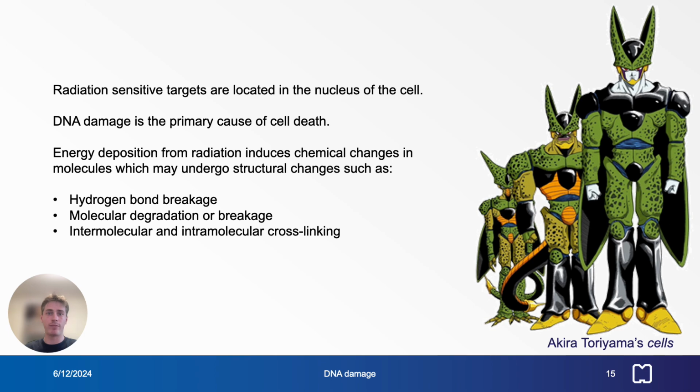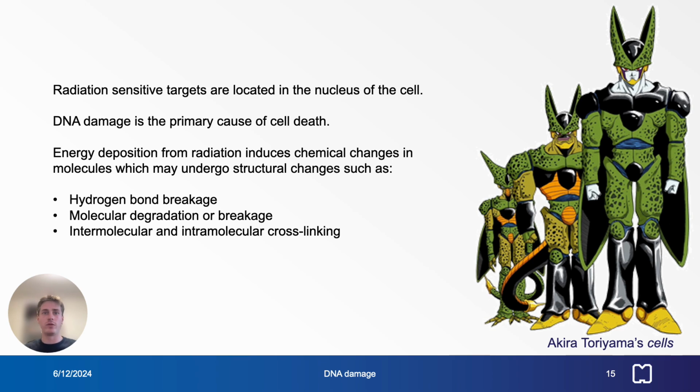Radiation-sensitive targets are located in the nucleus of the cell. So DNA damage is the primary cause of cell death. An energy deposition from radiation induces chemical changes in molecules that may undergo different structural changes. There are many copies of various enzymes within the cell, and the loss of one copy would not significantly impact the cell's function or survival.